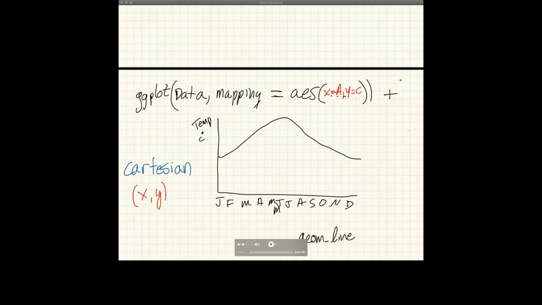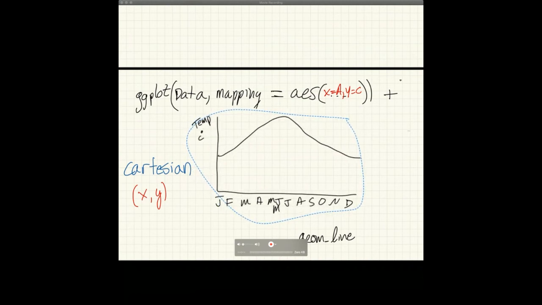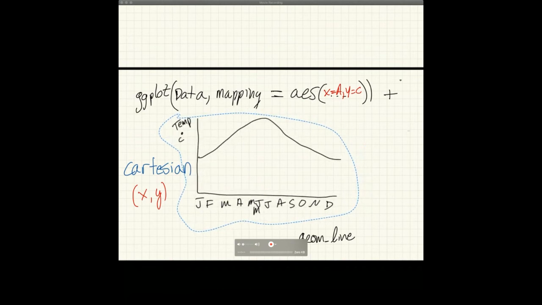Now, another important kind of coordinate system is known as a polar coordinate system. The polar coordinate system takes the same points, let's say the original here, February, March, April, May, June, July, August, September, October, November, December.